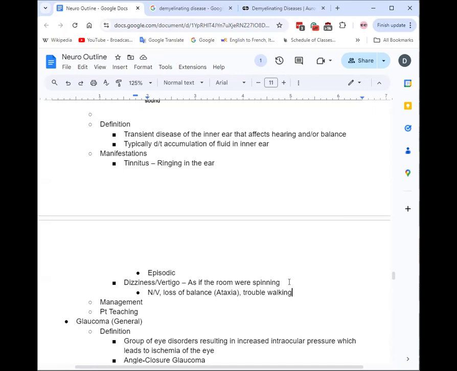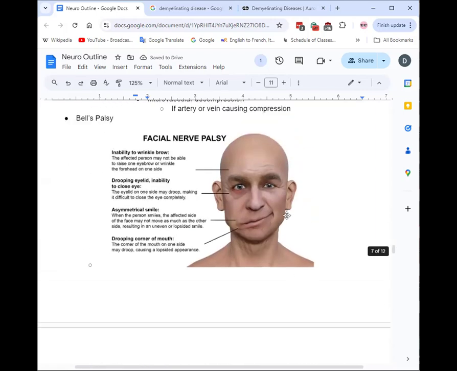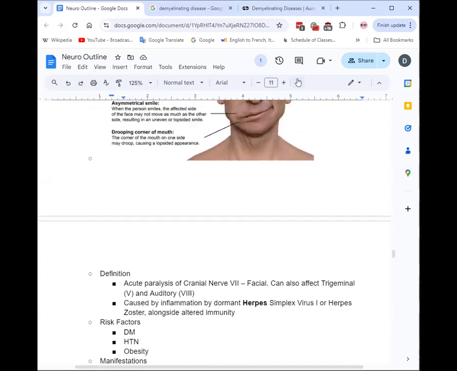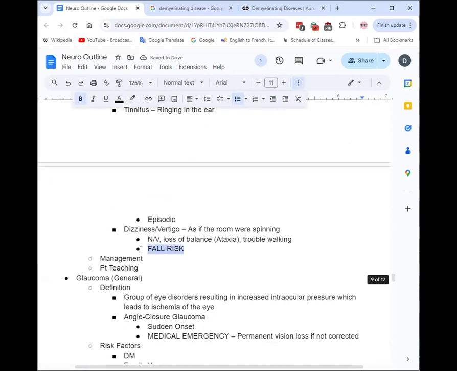Just think of this person as a fall risk. Just like you cluster all of Bell's palsy as aspiration risk and pain, you can cluster this as a big fall risk issue. That's your big picture thing.